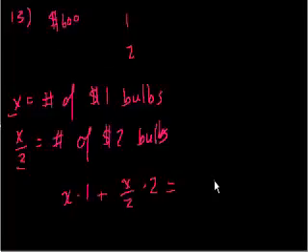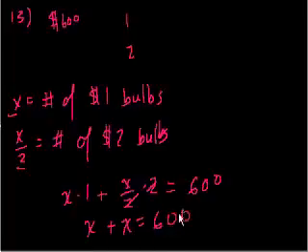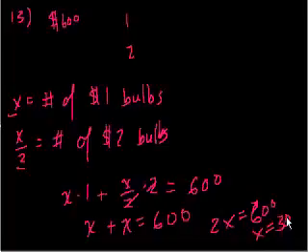And when I add it all up, it's going to equal $600. So x times 1 is, of course, x. And then x over 2 times 2, that's lucky that worked out, plus x is equal to $600. So 2x is equal to 600. x is equal to 300.